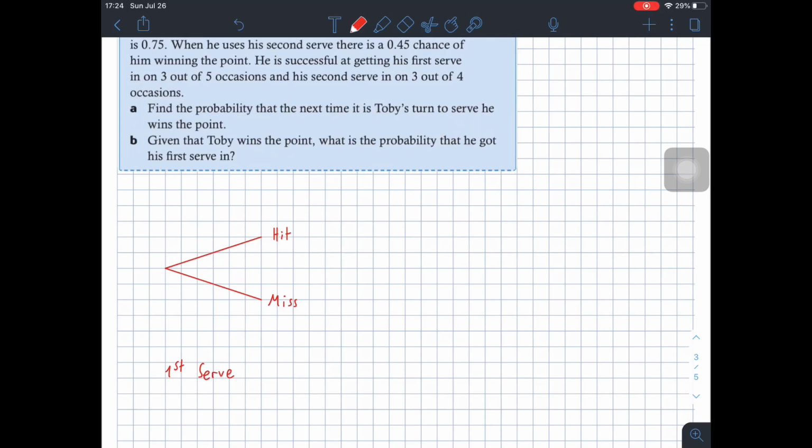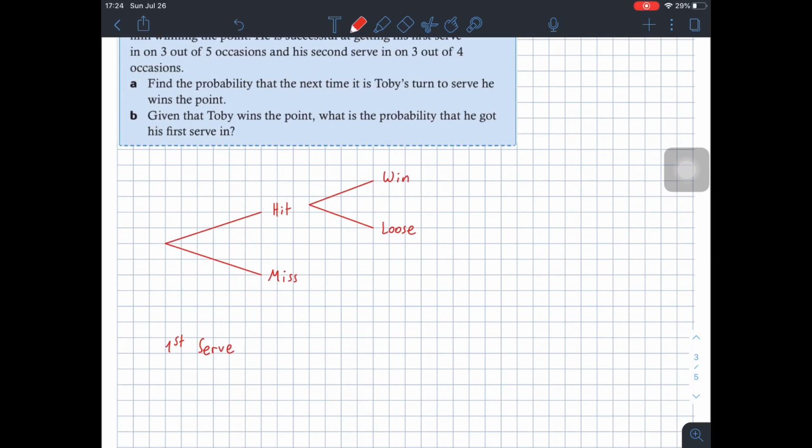Okay, if we hit the first serve, then we have 2 options. Either we win the point or we lose the point, right? So you need to pay attention to what we're talking about in the problem, okay? So we win the point or we lose the point. Now, if we miss, we have our second serve, right?